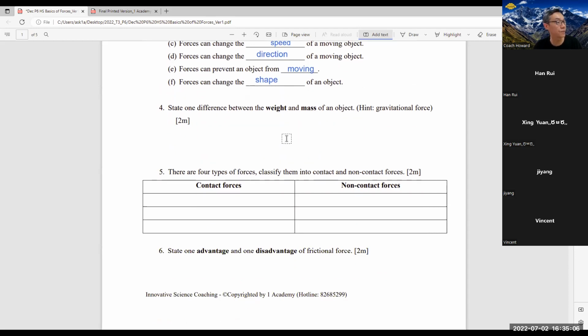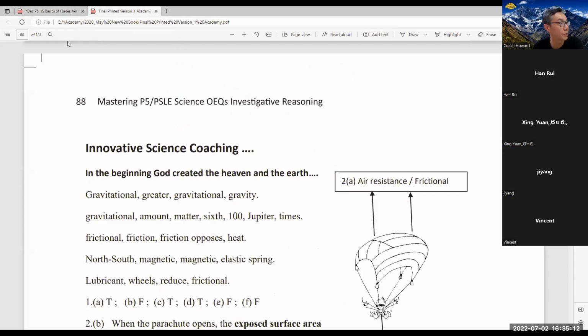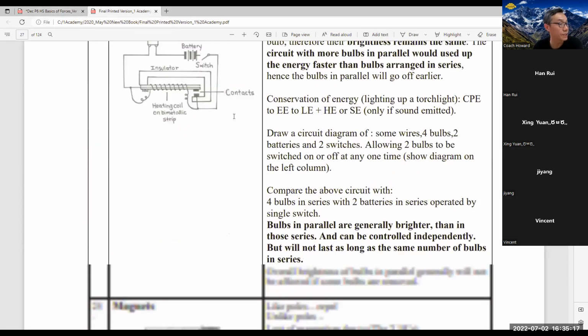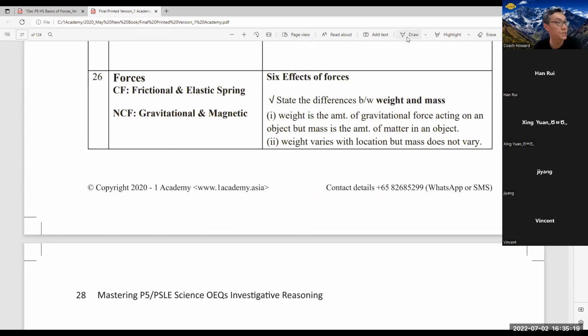Okay, state the difference between weight and mass. For those students who have my book, if you turn to page 27, which I'm going to screen share here, there are actually two differences between weight and mass, if you can see here. So I prefer you to write this one. The weight is the amount of gravitational force acting on an object, but mass is the amount of matter in an object.